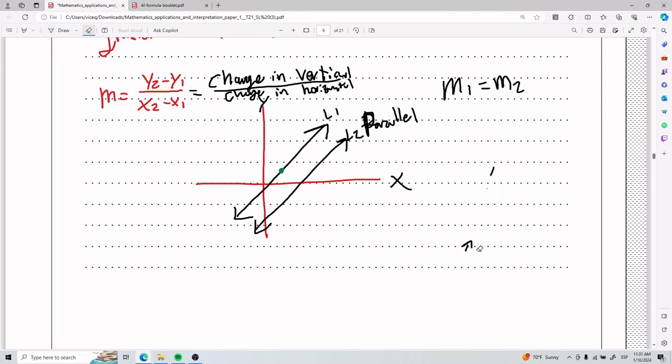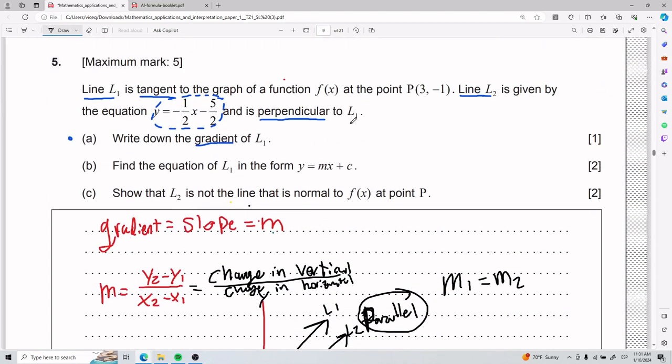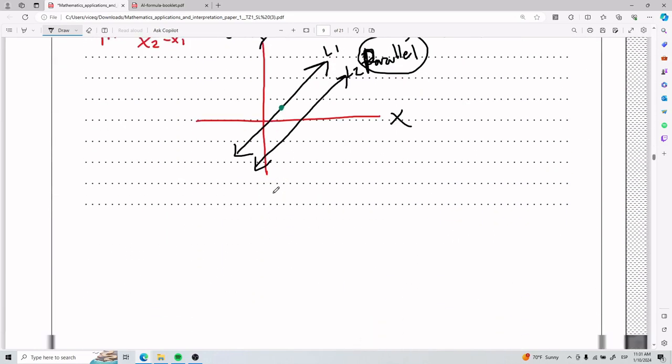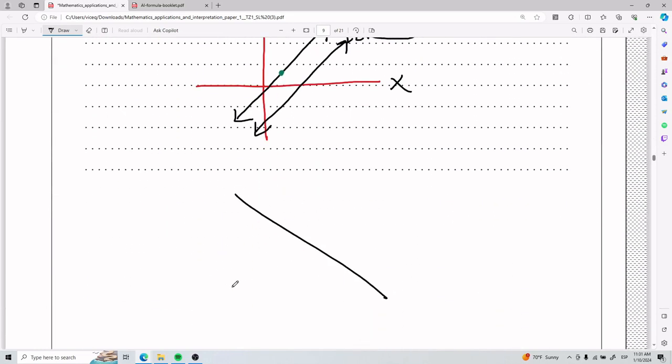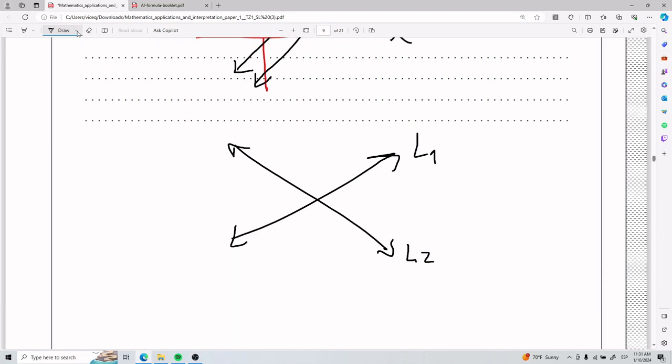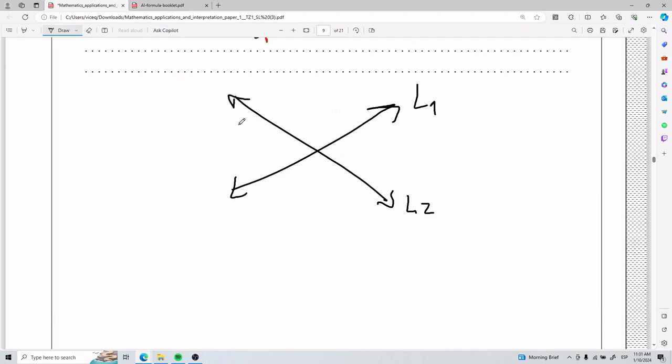You have the case of parallel lines up here. The case of perpendicular lines, which is what this exercise has, is when it looks like this. You're going to have the first line here, the second line here. What is happening in this case? As you can see, one of them is sort of like the inverse of the other.